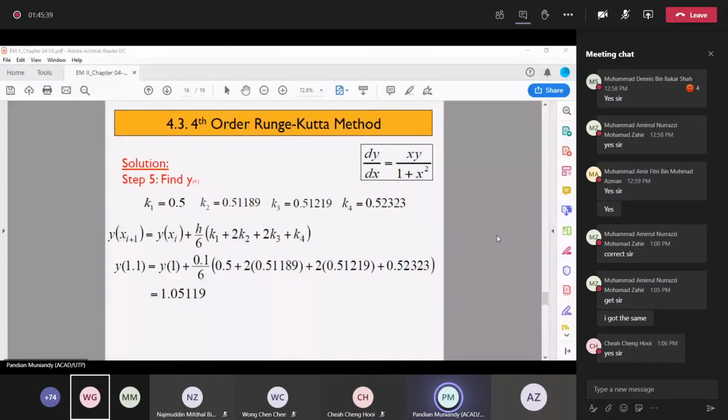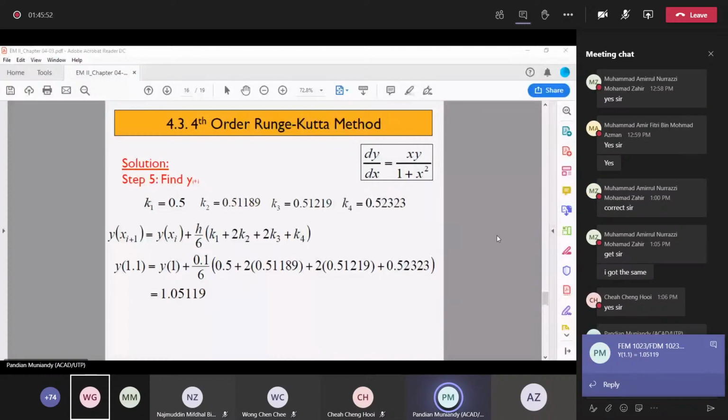Can you answer why y at 1.1 is 1.05119, to 5 decimal places?